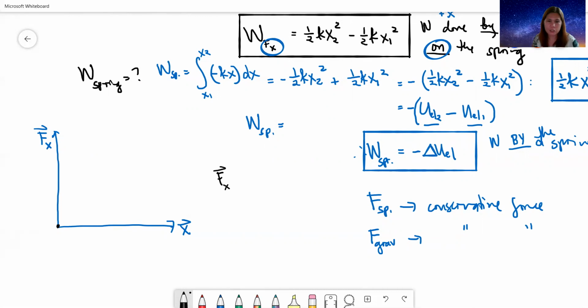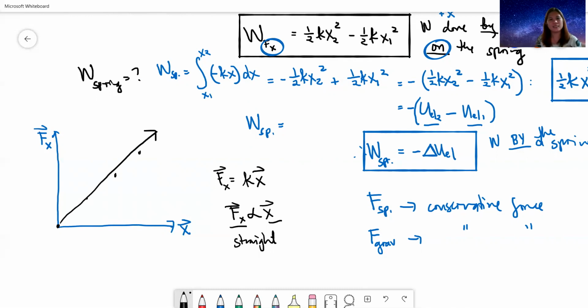F needed to stretch or compress a spring has a linear relationship with x. No? Fx is directly proportional to x. So, this is linear. The best fit line is straight. And then, whatever increase in the x, that is also the corresponding force needed. So, if I will plot a certain graph, it will always look like this.